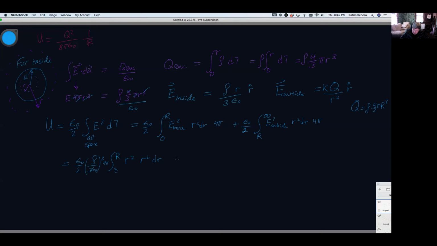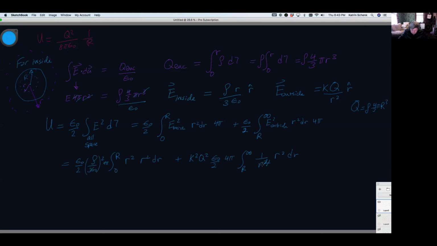And then plus the next one is going to be k squared q squared, and then epsilon naught over 2 times 4 pi. And then we have the integral from R to infinity of 1 over r squared, and then r squared. Something's wrong here. Oh yeah, I'm sorry, it's 1 over r to the 4th, duh. r squared dr, and I forgot to square things, I think. No, I'm pretty good, because I got k squared q squared, and then 1 over r squared. That's the only thing I forgot.